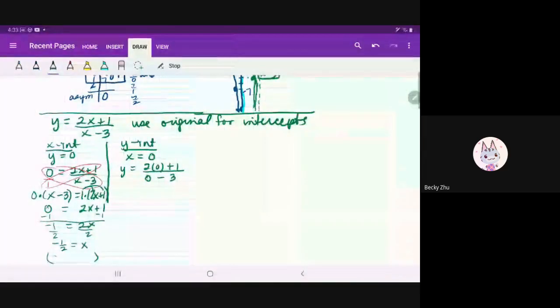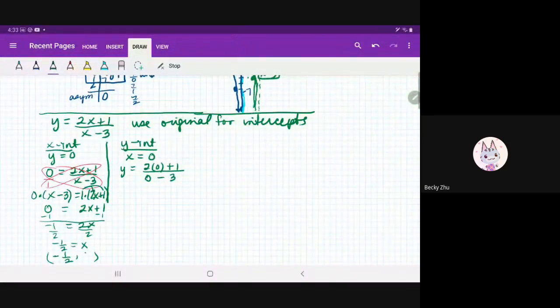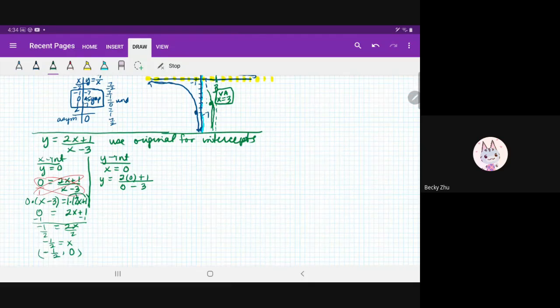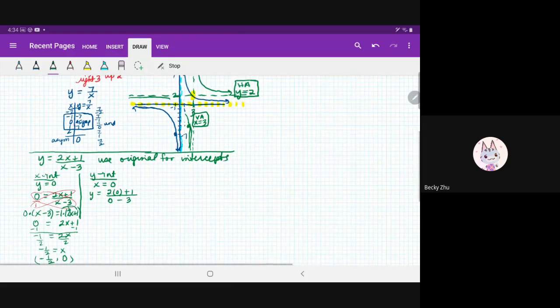And that is negative a half for x and 0 for y. Now, I don't think that's where I was going to put it. I was going to go positive. My green was not going to hit at negative a half, 0. So negative a half, 0 is right here. I definitely was not crossing at that point. I was definitely crossing in the positive land.